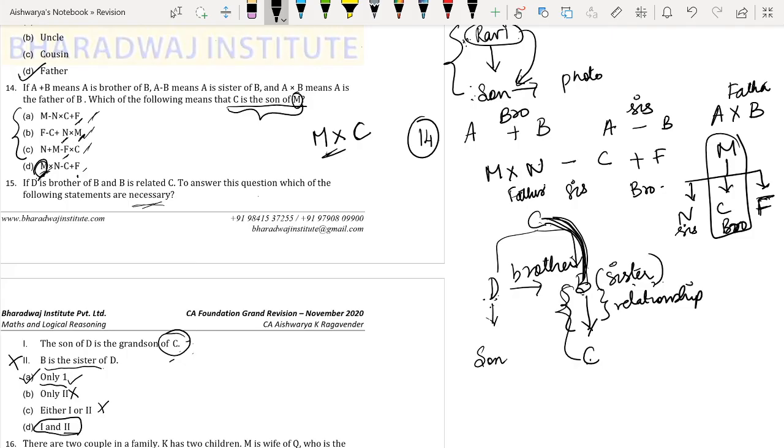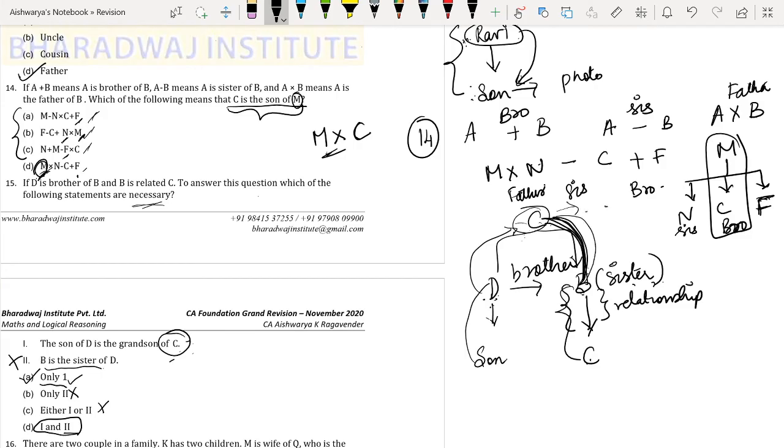B is the sister, so the gender is female. When C is on top, D is the son of C, and the grandson of C is the son of D. So C could be female or male, grandfather or grandmother.